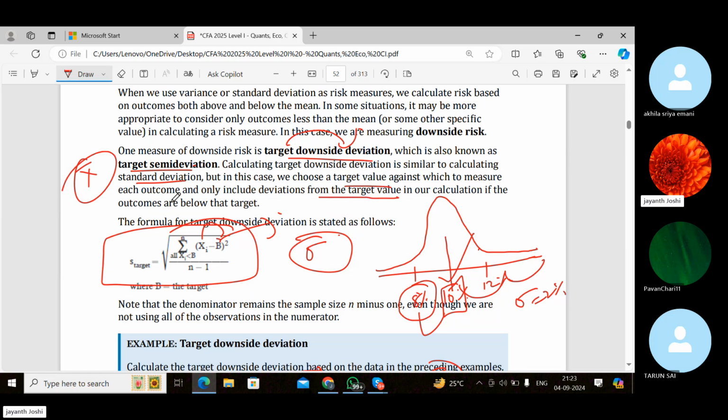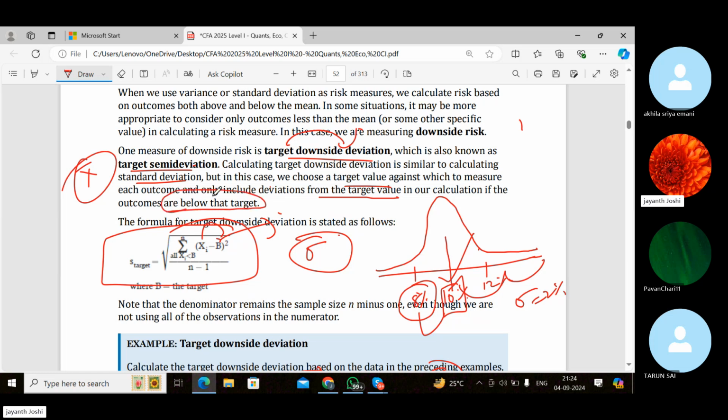So the difference between the target downside deviation and the normal standard deviation: in normal standard deviation, you take deviations of all the observations from your mean. But here you only take the downside. You see the outcomes which are less than your target. We only include deviations from the target value in our calculation if the outcomes are below that target.